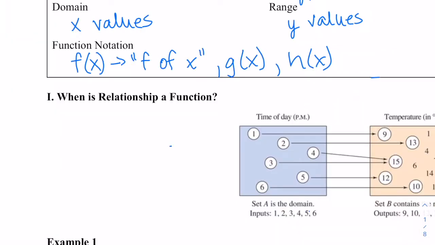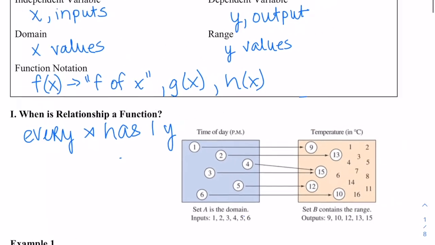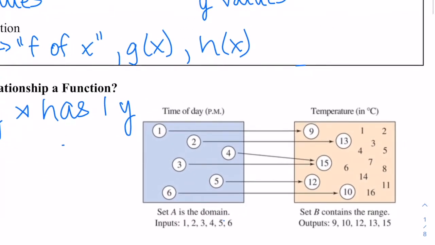Now, a relationship is a function when every x has one y. So in this table, we actually can look at some examples of the times during the day. And if you notice, each time of the day matches up with one temperature that day.